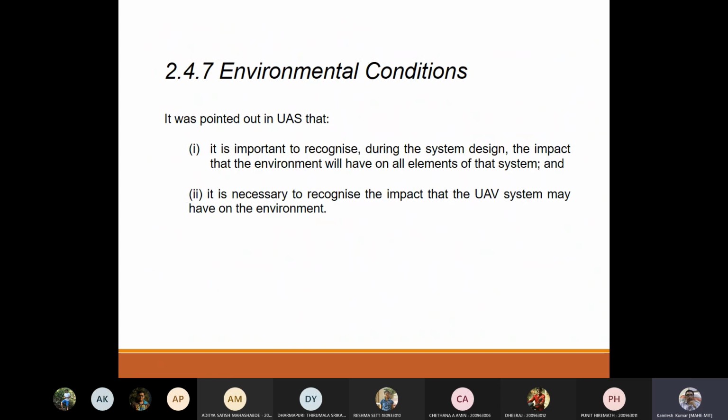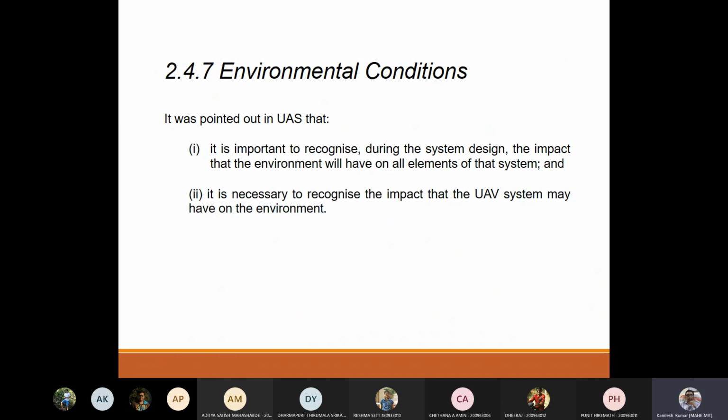Then environmental conditions: where you are going to operate, or how your system will get degraded in a different environment, maybe one for which you have not designed. Many times when you design for a winter country, you have a different idea. When you design for very hot places, then your sensor also must be protected, correct? Your structure also, your paint.